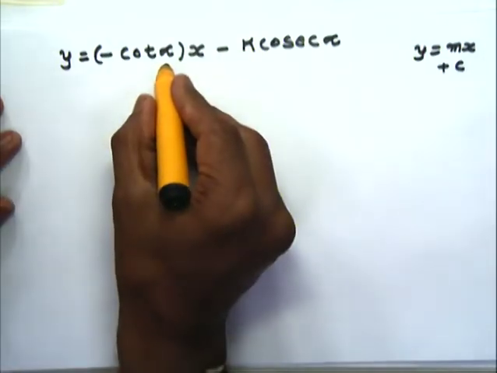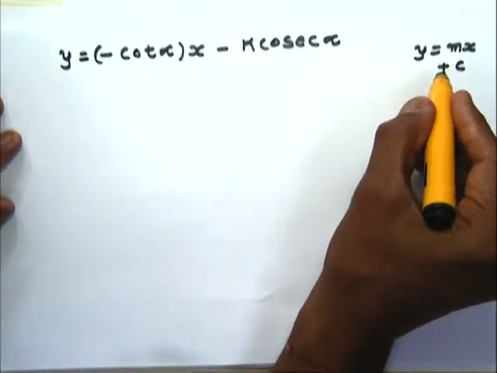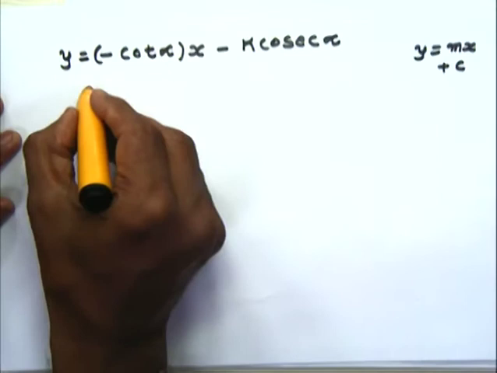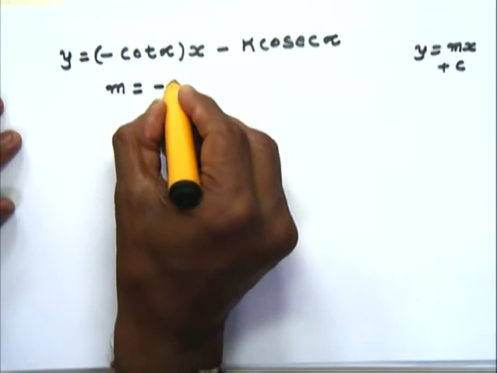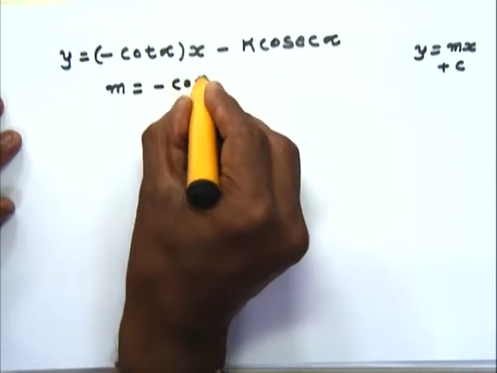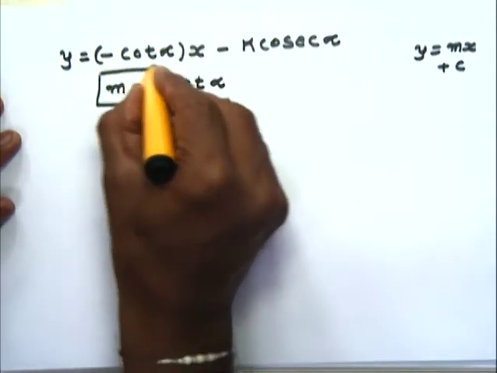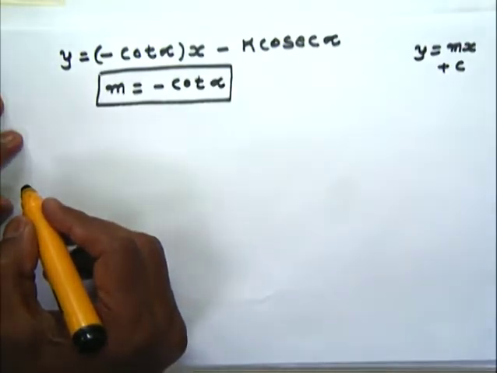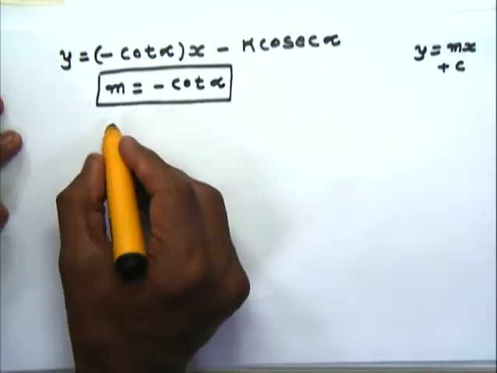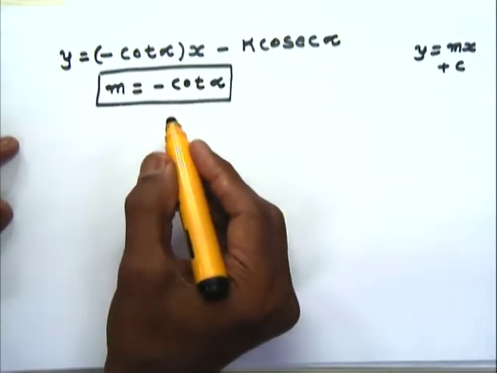Compare our equation with the standard equation y is equal to mx plus c. I find that m is equal to minus cot alpha. That will be the slope of the line which was required. Further, we proceed ahead and find the intercepts of this line on the axis.